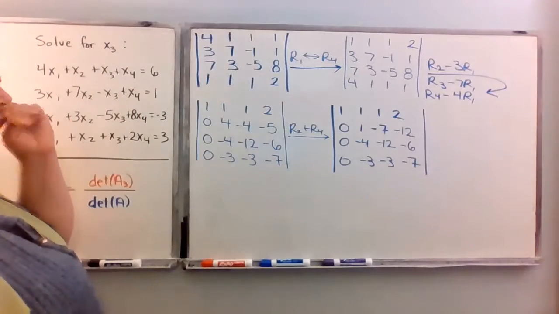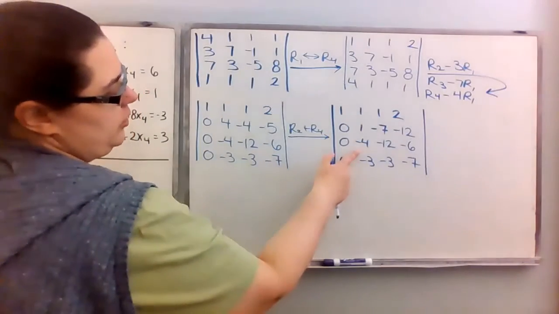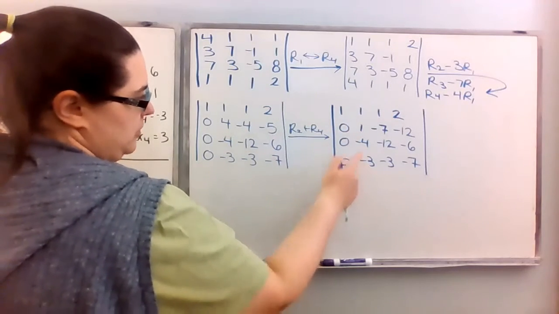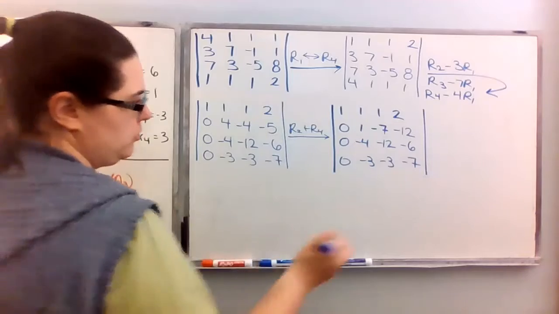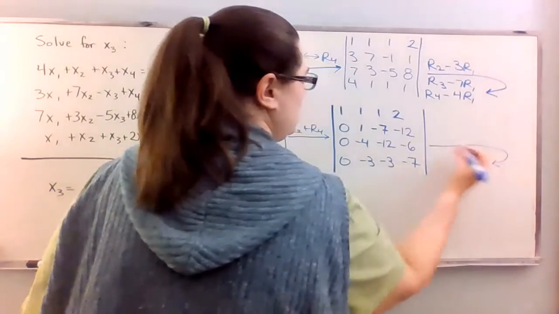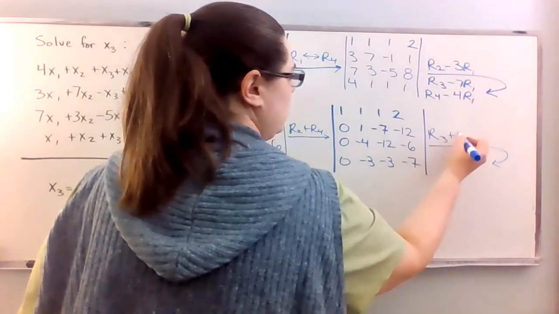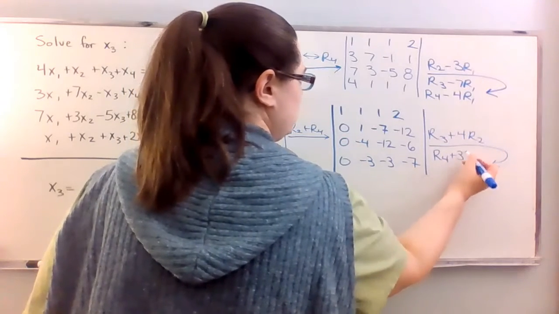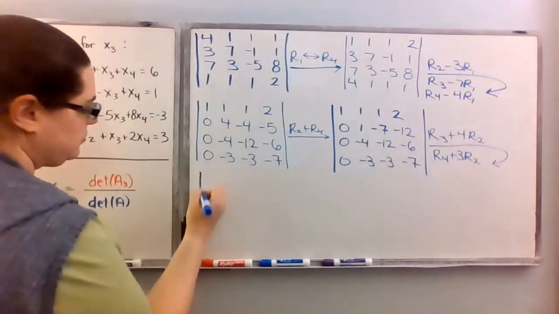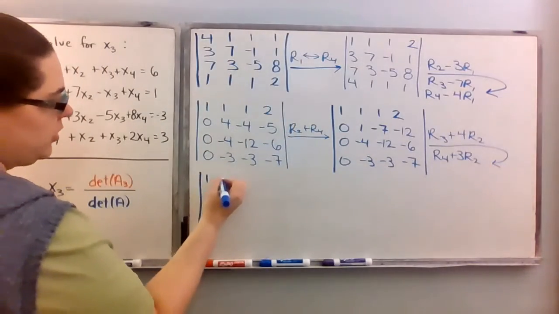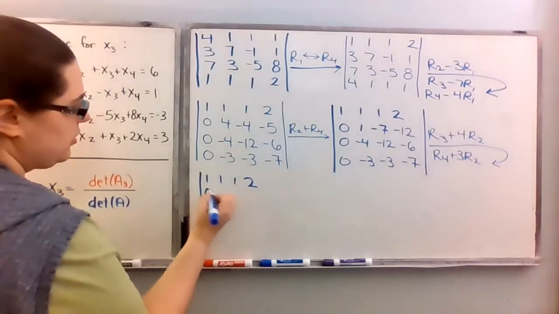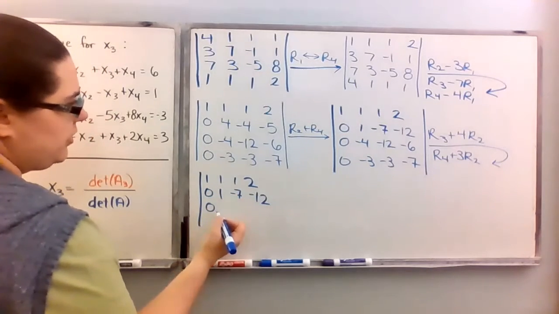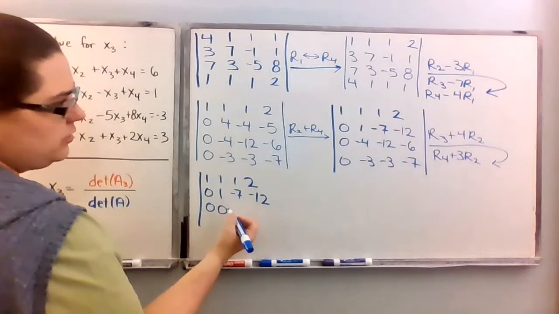All right, now I'm going to do row 3 plus 4 of row 2, and row 4 plus 3 of row 2. So 1, 1, 1, 2, 0, 1, negative 7, negative 12, 0, 0.